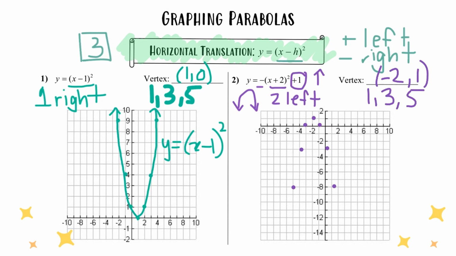And draw a smooth line connecting everything. Arrow. And let's label it y = -(x + 2)² + 1. So 3 transformations. We had a reflection in the x-axis. We had a horizontal translation 2 units to the left. And we had a vertical translation 1 unit up.